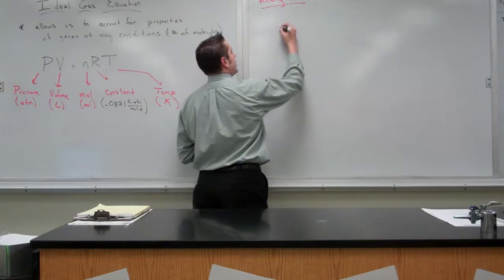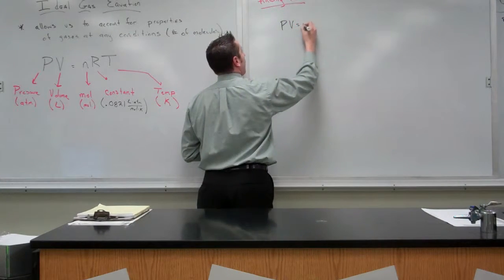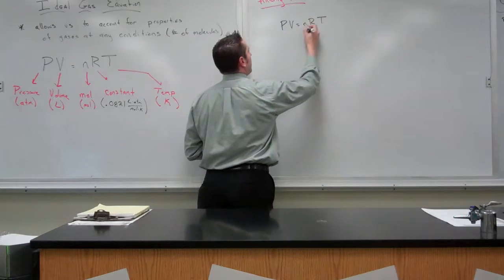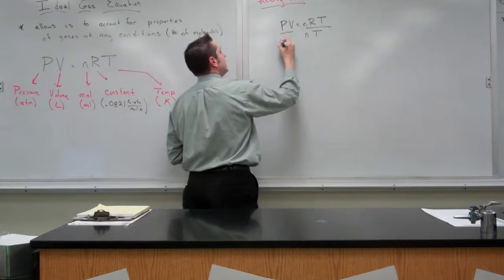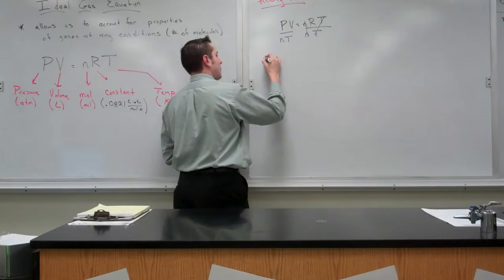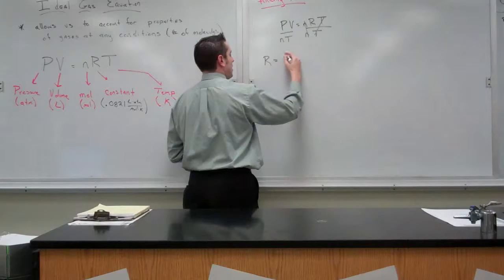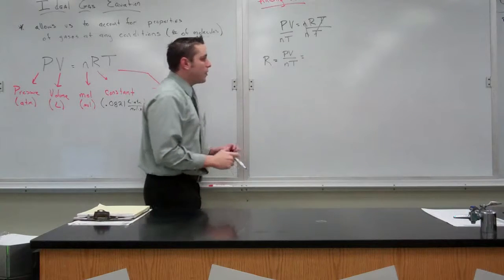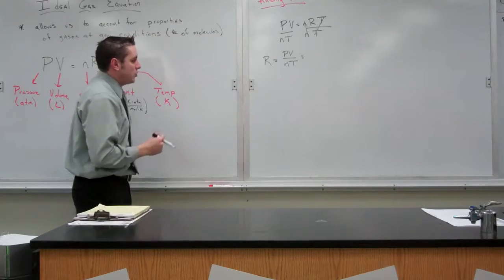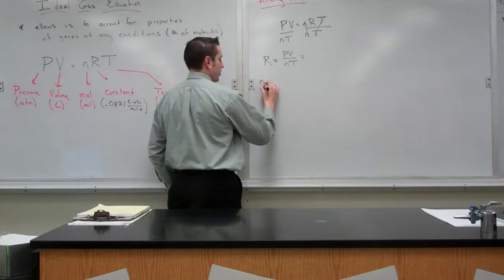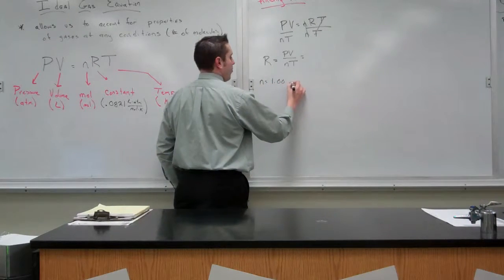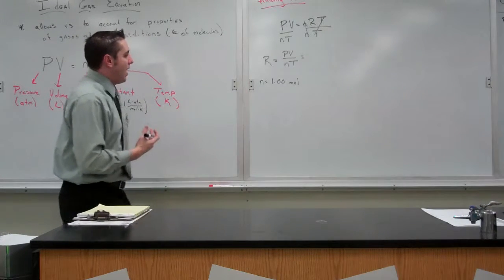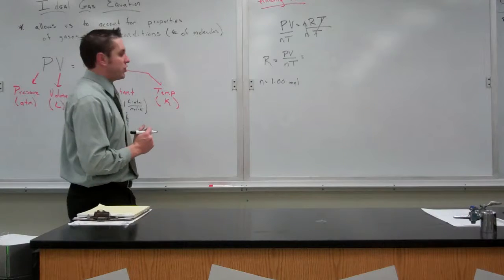If we were looking at the equation PV equals nRT, and I were solving it for R, I would divide both sides by n over T. If I were going to choose an amount of a gas to work with, right, I would choose 1.00 moles.